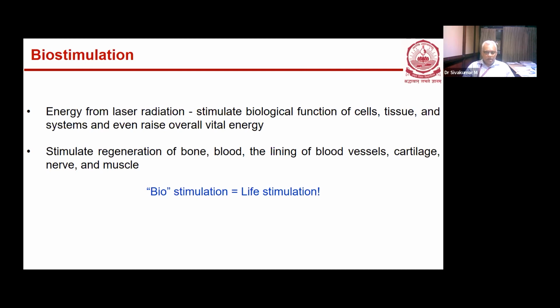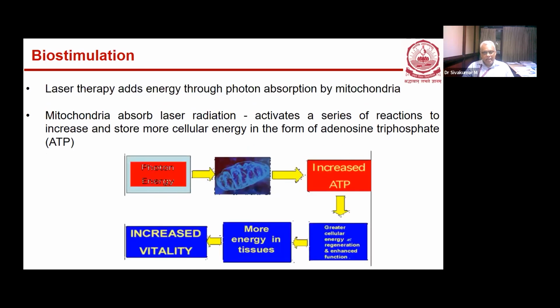So this application, biostimulation, is nothing but life stimulation. You can see here a schematic showing how these photons stimulate the cells, and how the increased vitality will result.